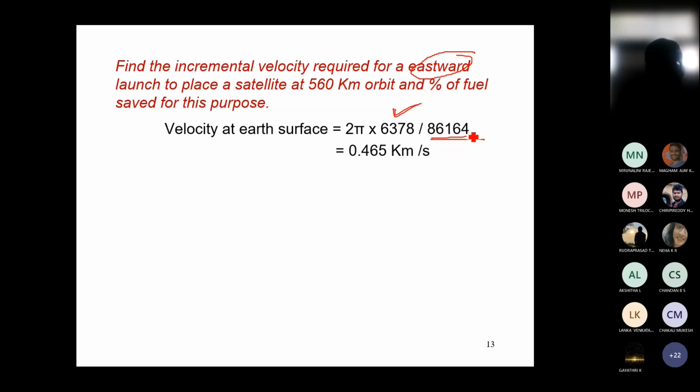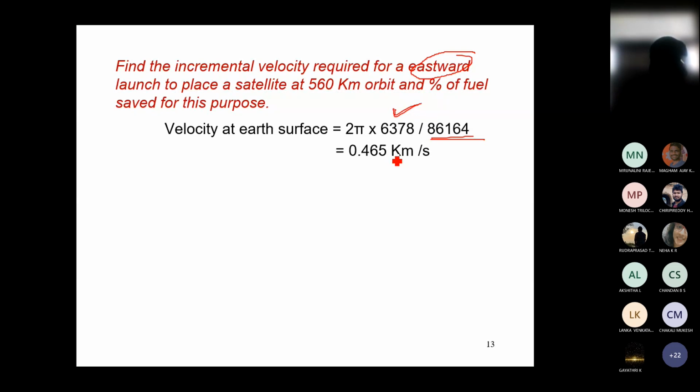This duration, in seconds, is called one sidereal day, which is 23 hours, 56 minutes and 4 seconds. This ratio gives us the velocity at which the Earth is moving around itself.